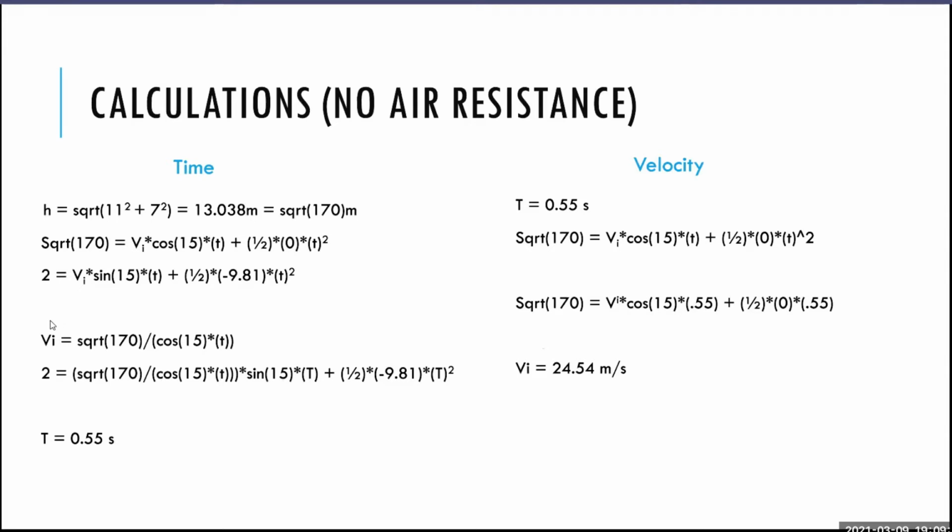Because they're both unknown, we can use substitution and substitute our value of initial velocity into the second equation, which has gravity, and we can solve for time, which we solve for 0.55 seconds. And now with the value of time, we can plug it into the first equation and solve for initial velocity, which we get 24.54 meters per second.